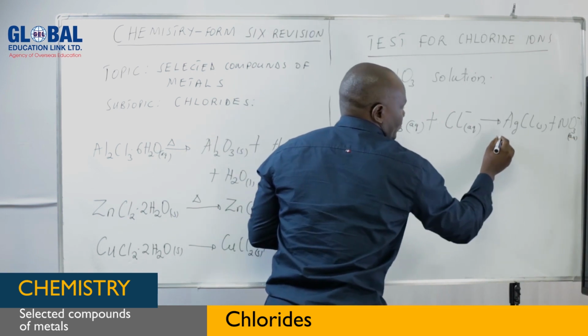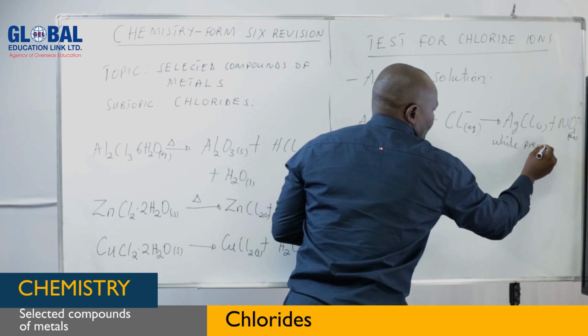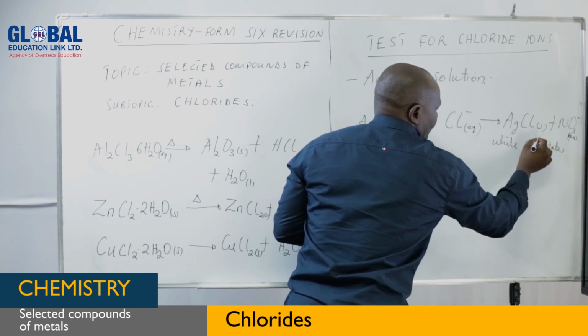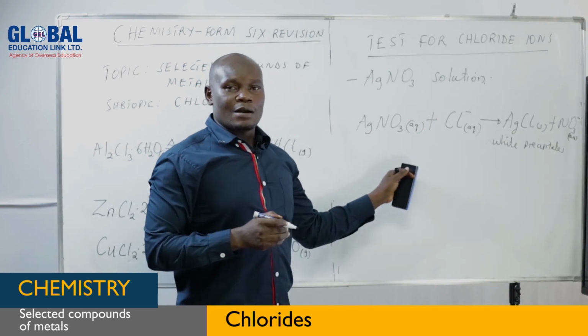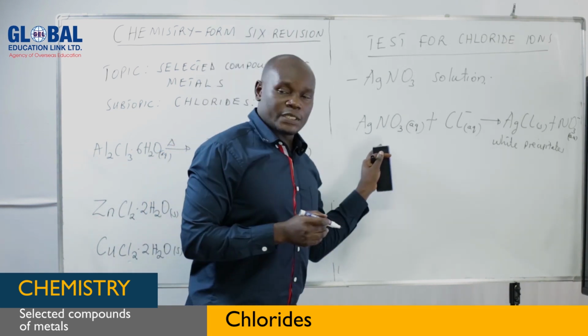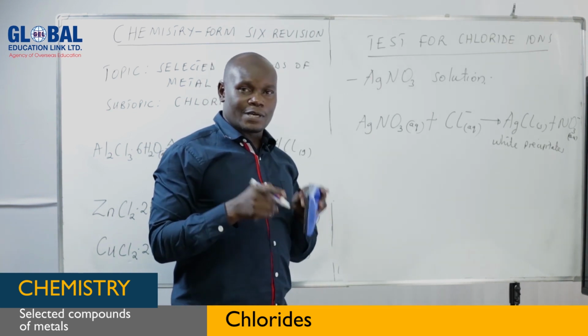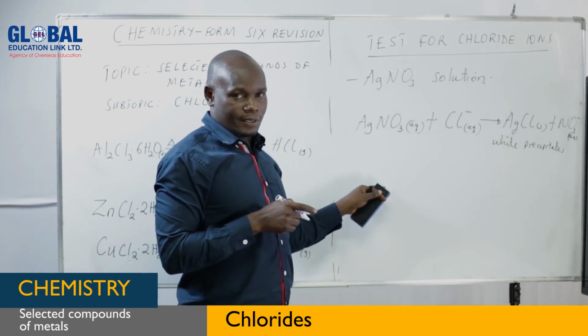So this appears as a white precipitate. This is now the specific reagent which is used in testing the presence of chloride in a substance.